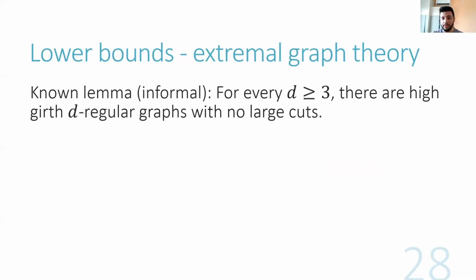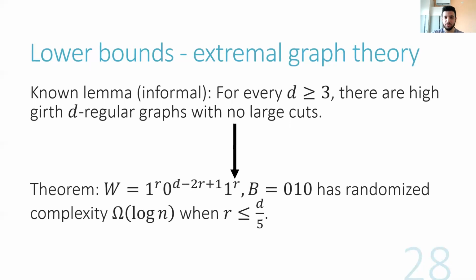There is a known lemma, which I'm stating here informally, that for every d which is at least 3, there are high girth graphs, namely omega of log n girth graphs, which are d-regular and have no large cuts. This allows us to prove that the following family of problems, for example, has randomized complexity omega of log n.